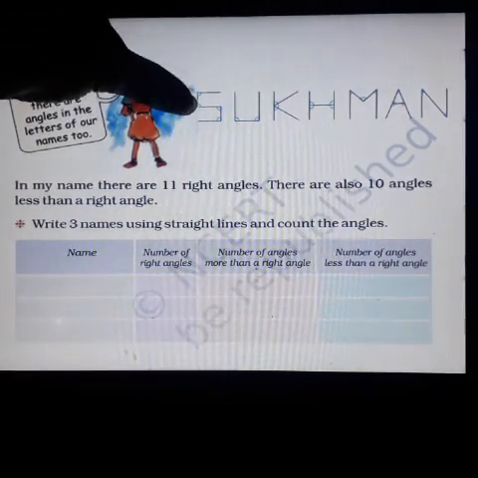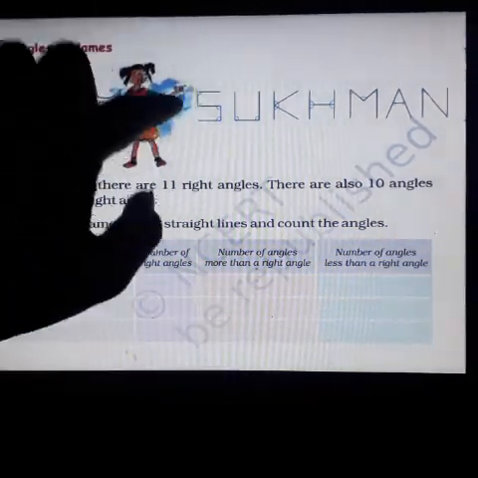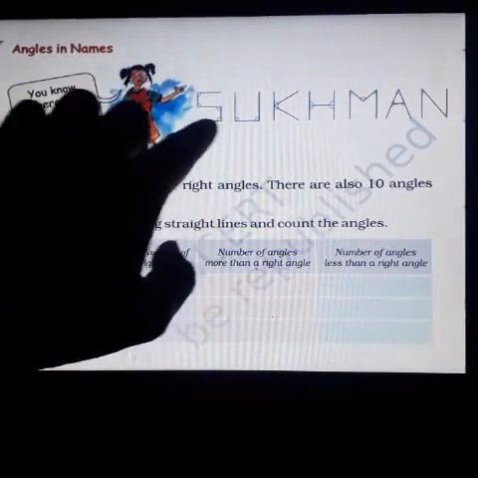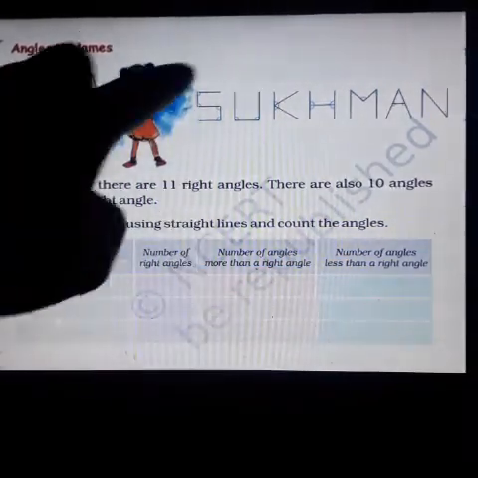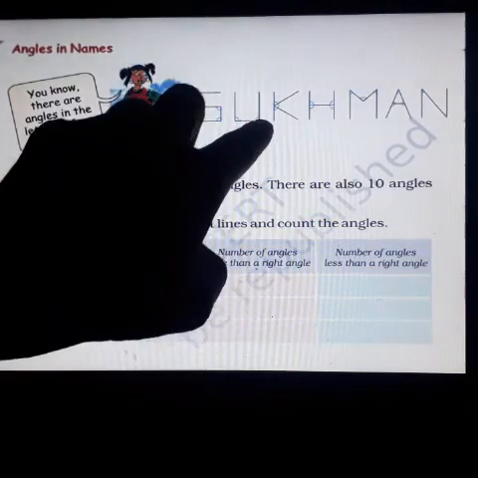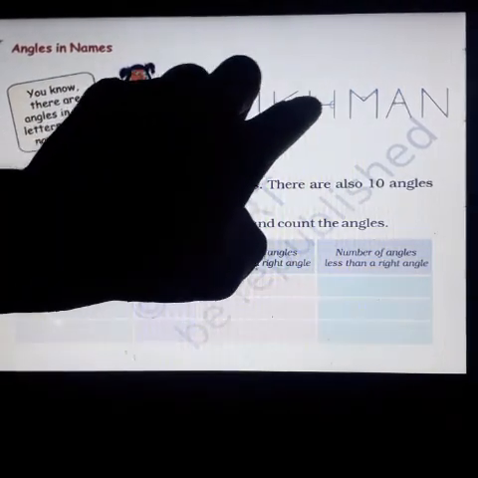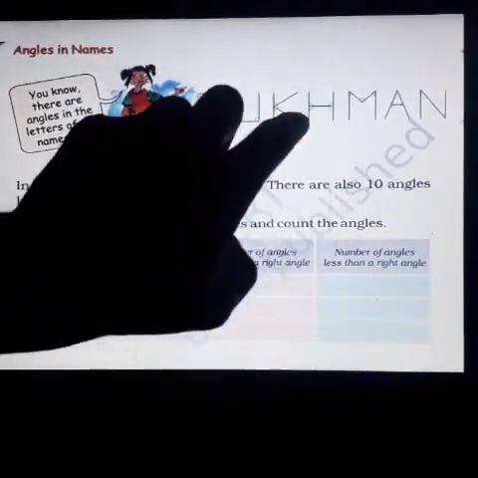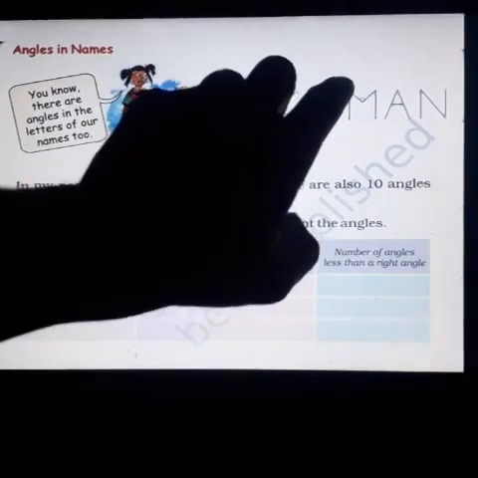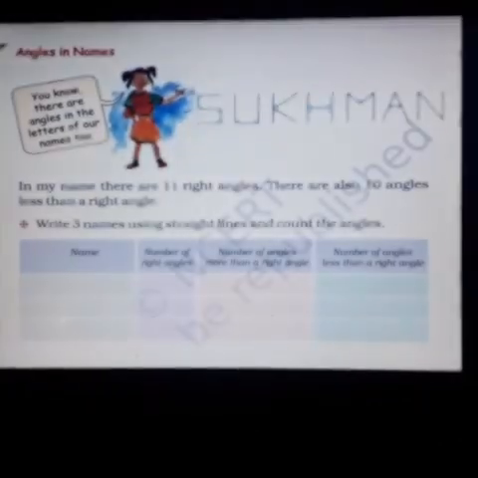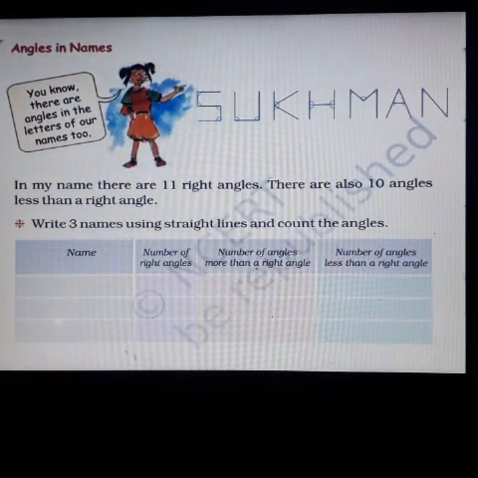See, first right angle, second right angle, third right angle and fourth right angle. Same way, fifth, sixth, 7, 8, 9, 10 and this is 11. So in this way you can also find angles in your name.